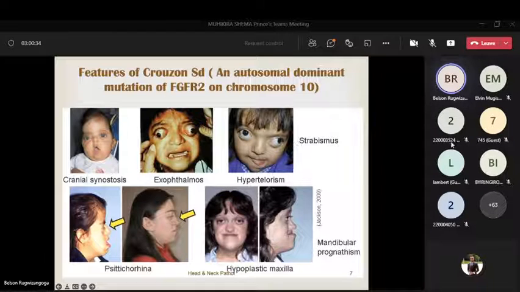Hypoplastic maxilla, as we saw above, this maxilla appears to be small, the mandible is visible but the maxilla is not. So when it is exaggerated here, then we say there is hypoplastic maxilla, and as a consequence there is mandibular prognathism. So the mandible looks very large, but this is relative, it is because the maxilla is very small here.